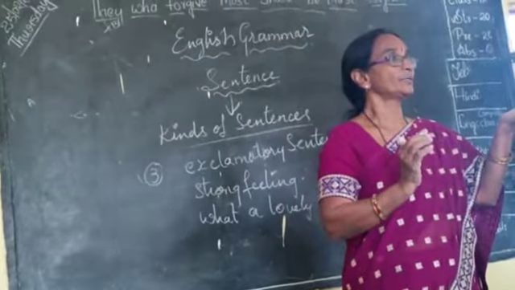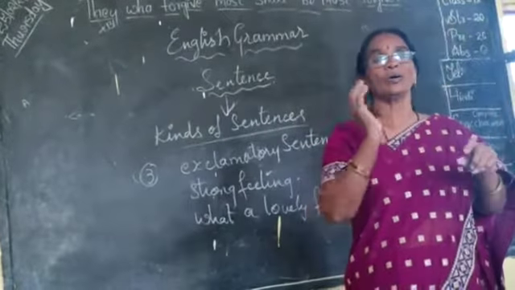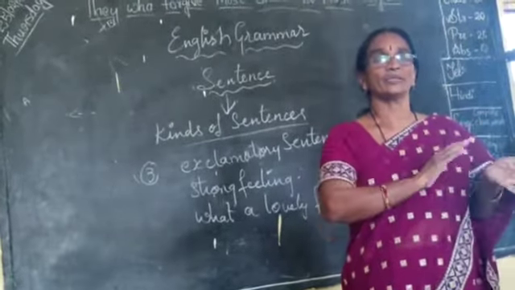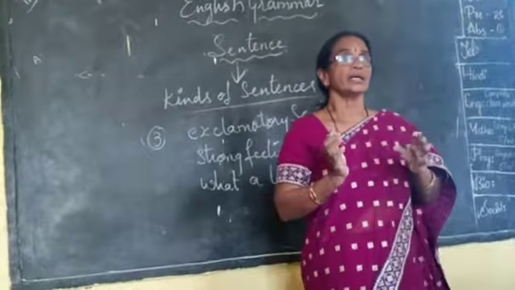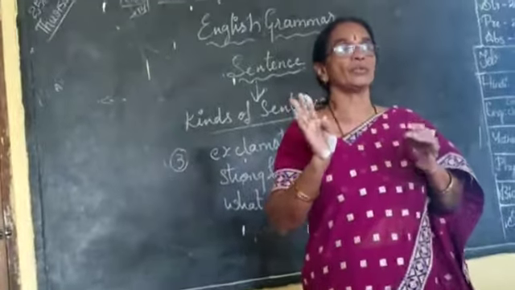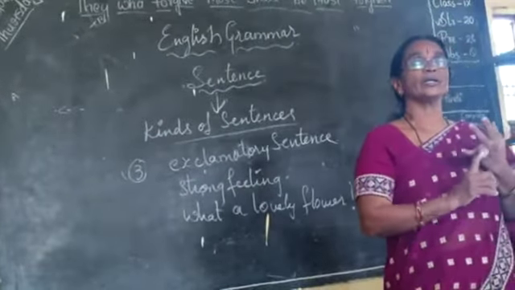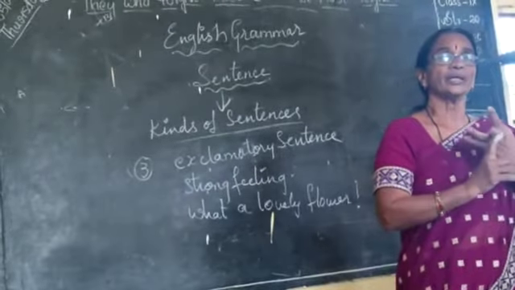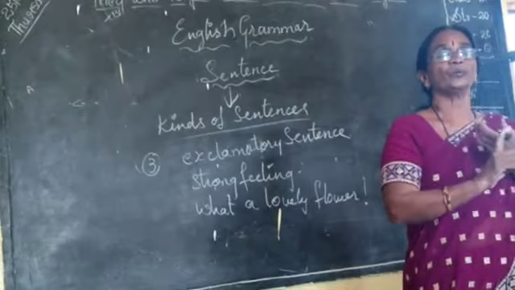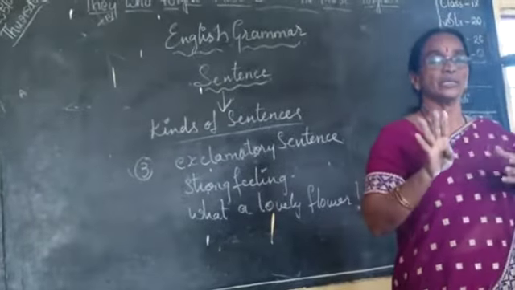A subject can be a noun or a pronoun. In sentence there are four forms. The first one is declarative, second one is interrogative, the third one is imperative, and the fourth one is exclamatory. Okay, there are four forms of sentences.